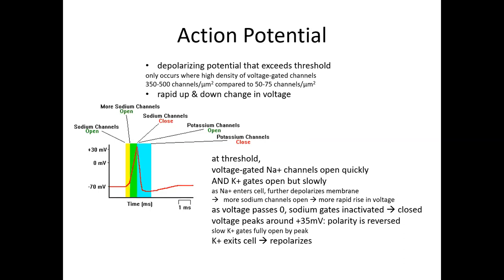And the big influence will be potassium exiting the cell, causing the repolarization. So this continues quite a bit longer. You can see the potassium gates are open much longer than sodium gates. And the more potassium exits, the more negative it's going to get. By the time they close, remember they're going to be leaky even when closed, we are going to overshoot the -70 millivolts of the resting membrane potential, and we are going to be hyperpolarized.